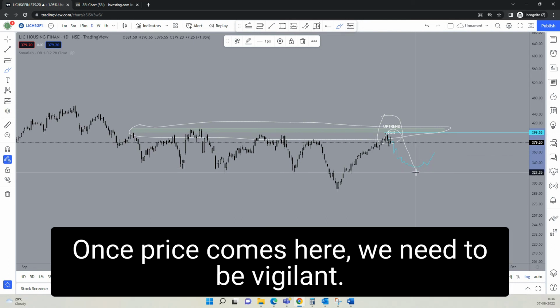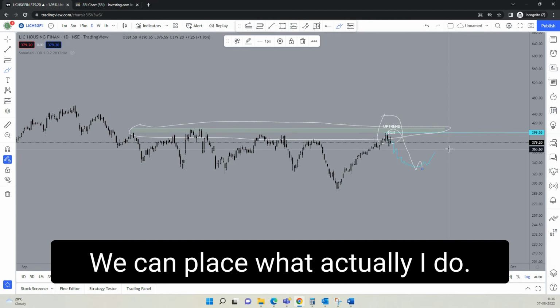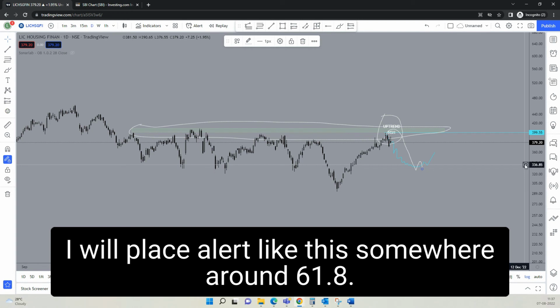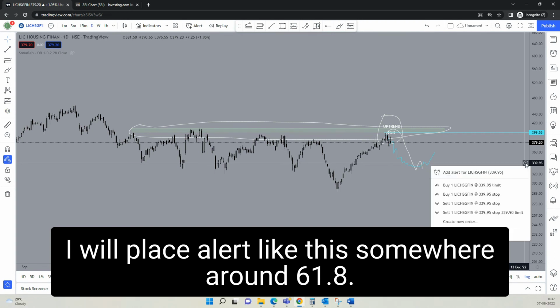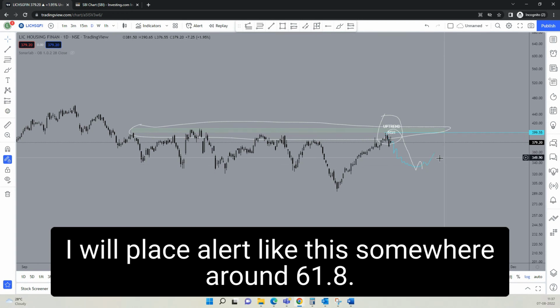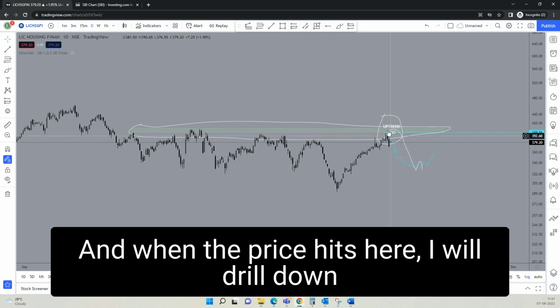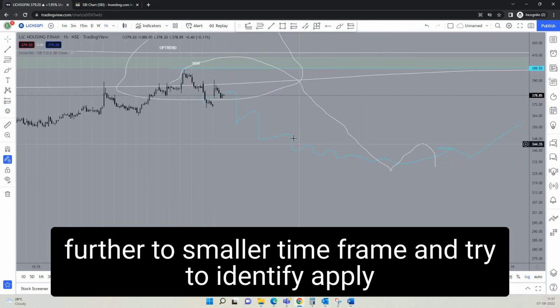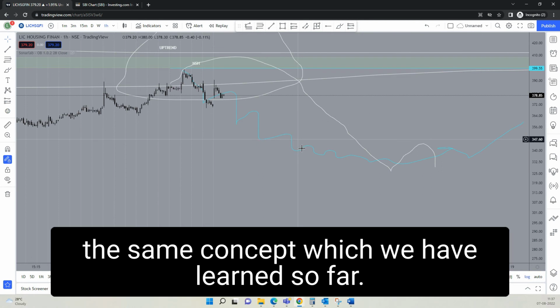Once price comes here, we need to be vigilant. What actually I do, I will place an alert like this somewhere around 61.8, and when the price hits here, I will drill down further to a smaller time frame and apply the same concept which we have learned so far.